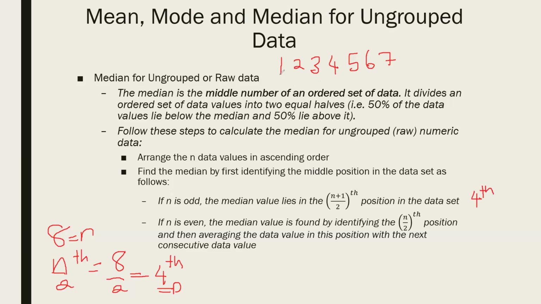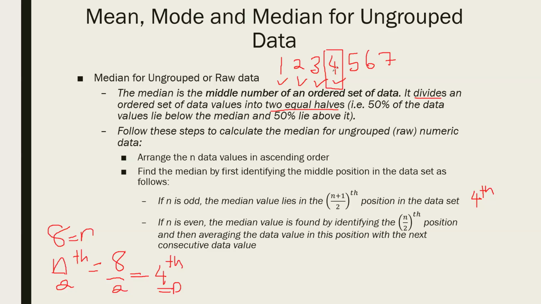So when you count from the left, you say 1, 2, 3, 4. So it means the value on the fourth position will be the median. Remember, the median we are saying is the value that divides the data into 2 equal halves, right?